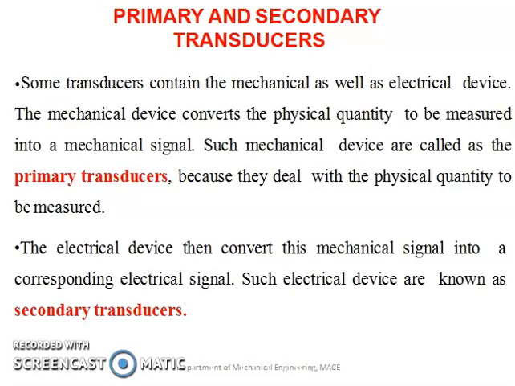Now let us see another category of transducer type, that is primary and secondary transducer. Some transducers contain mechanical as well as electrical devices. The mechanical device converts the physical quantity to be measured into a mechanical signal. Such a mechanical device is known as a primary transducer.